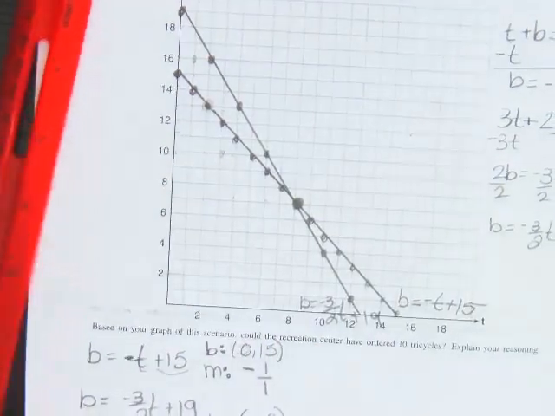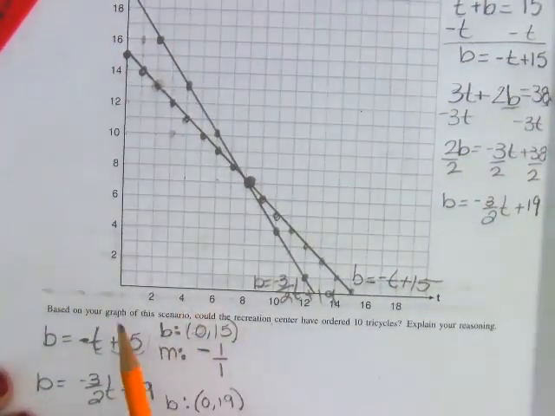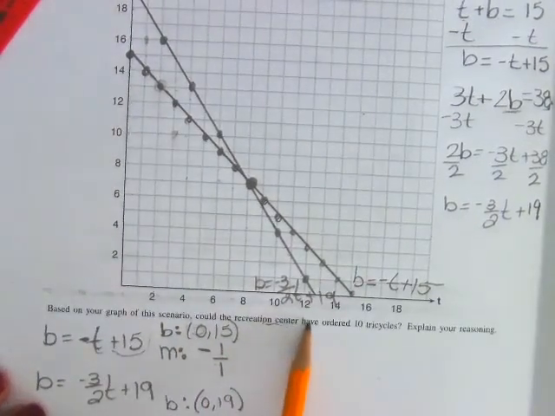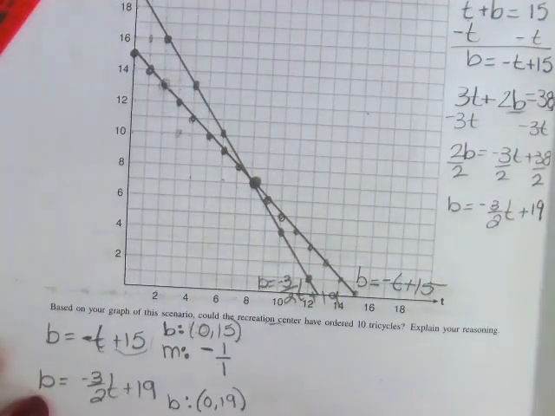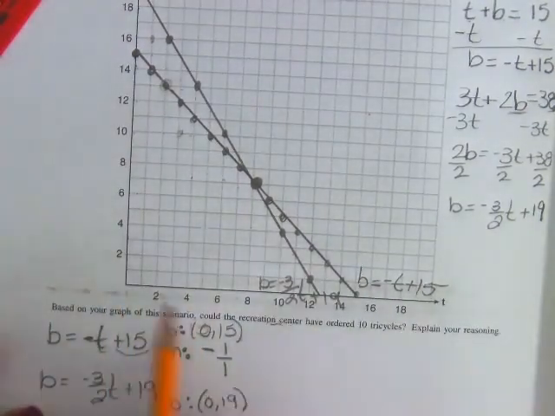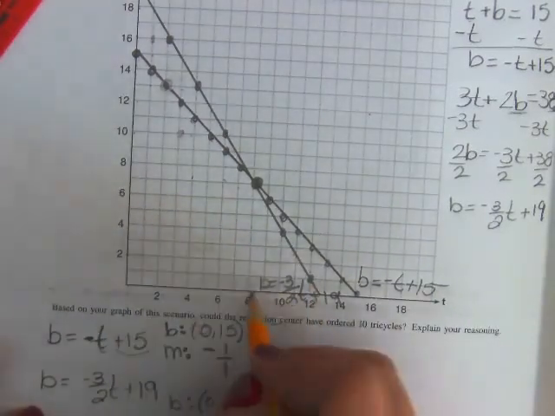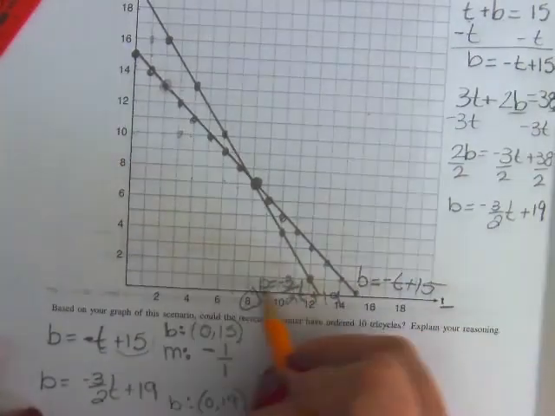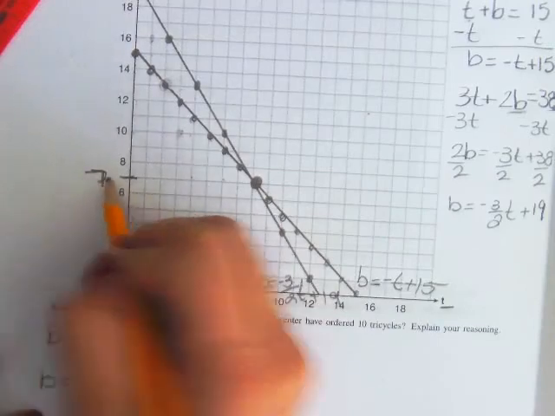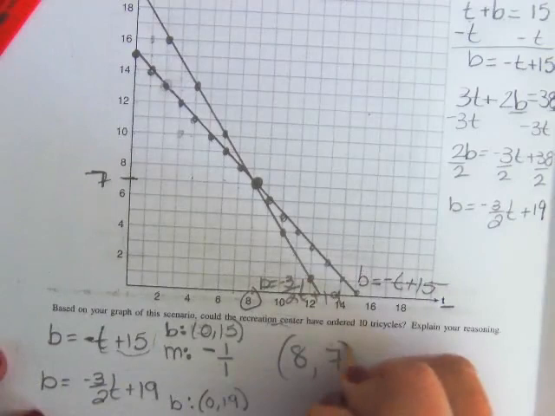And now that I've graphed, I will read this last part of the question. Based on your graph of this scenario, could the Recreation Center have ordered 10 tricycles? Explain your reasoning. So let's see, what did they order? They ordered 1, 2, 3, 4, 5, 6, 7, 8 tricycles and 7 bicycles. Our solution is 8, 7.